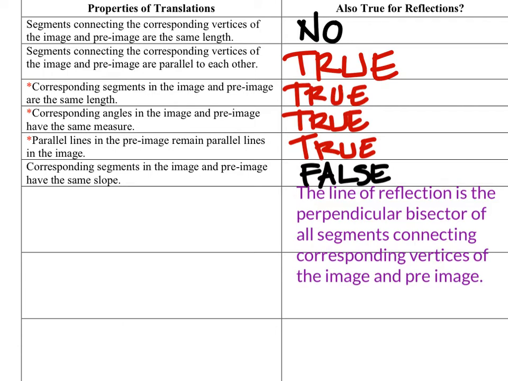What this means is if I have this line of reflection right here, I took this pre-image point and reflected it over here. That's pretty close. So if I connect these 2 points with this line, then it creates a 90-degree angle with the line of reflection. And that would be true if I did it with 2 other points, maybe right here. As soon as I connect these right here, 90 degrees up and here.